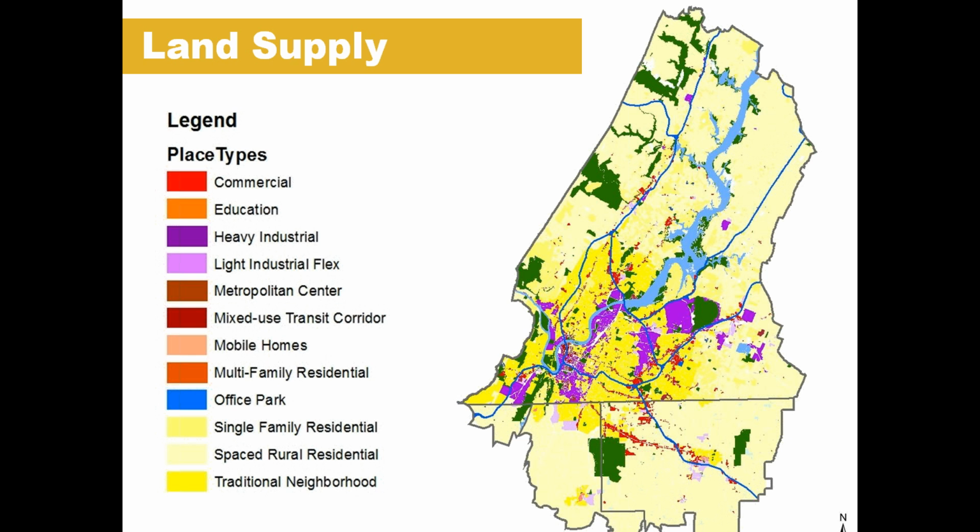So we use that to build in what we think the capacity of that land may be into the future. You can see the place types for the study area, again with the dark green being those protected lands that are taken off the table from the model.